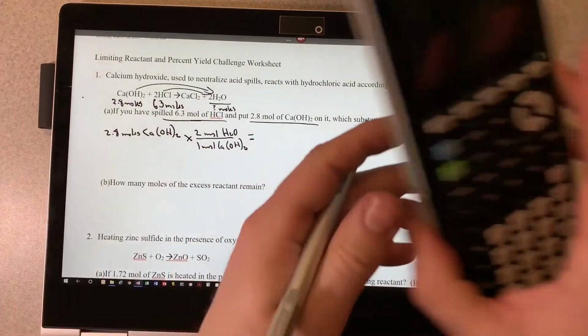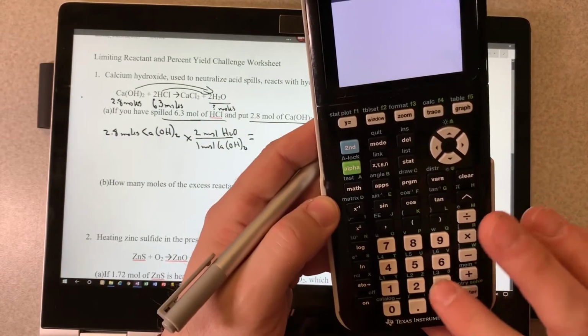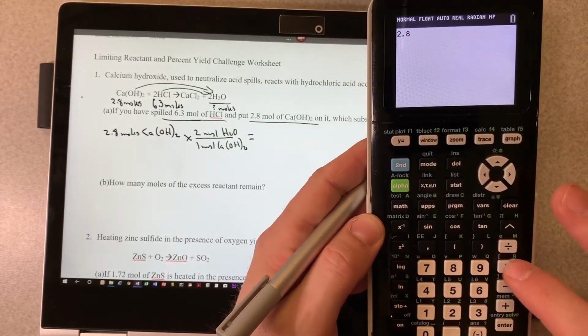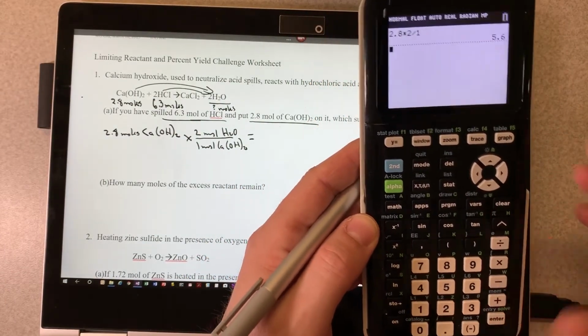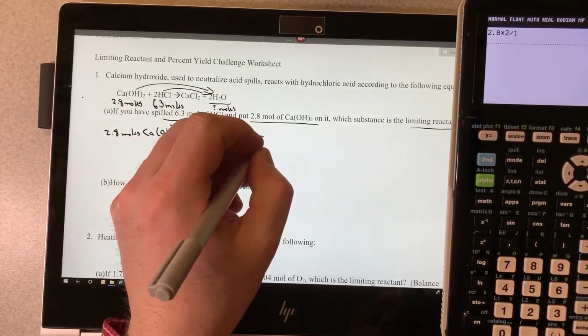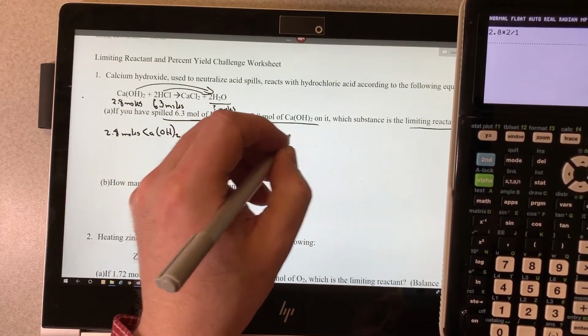Right? So I grab my calculator, and I have 2.8 times 2 divided by 1 gets me 5.6 moles of water.